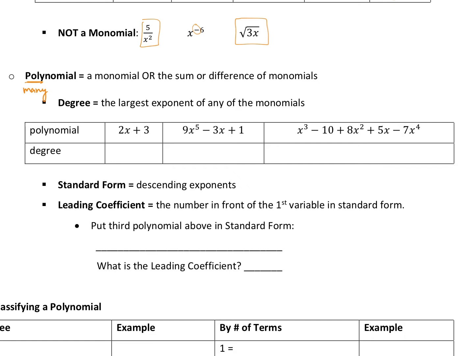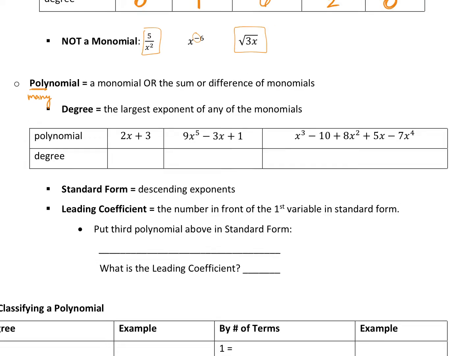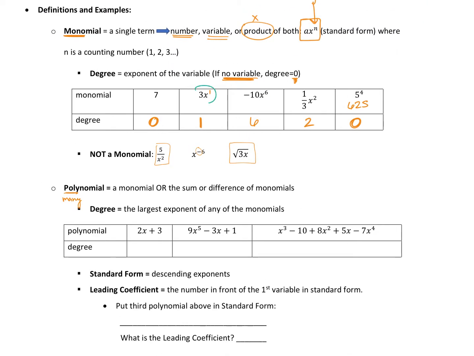So it can be one term or the sum or difference of several monomials to be a polynomial. Okay, so technically this 3x is a polynomial. Yes, it's a monomial, but a monomial is technically considered a polynomial still, okay?